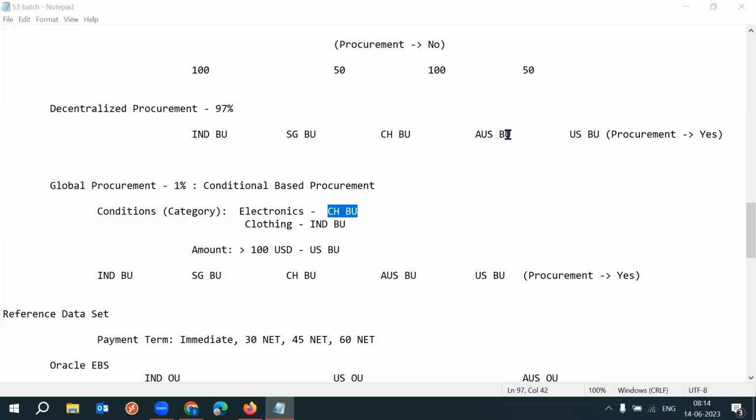So we can configure it to have more than one BU for electronics also, correct? Then which BU do you want the system to pick up? For example, if I say electronics can be from Singapore or China, if I want to buy electronics, I can buy it either from China or Singapore.